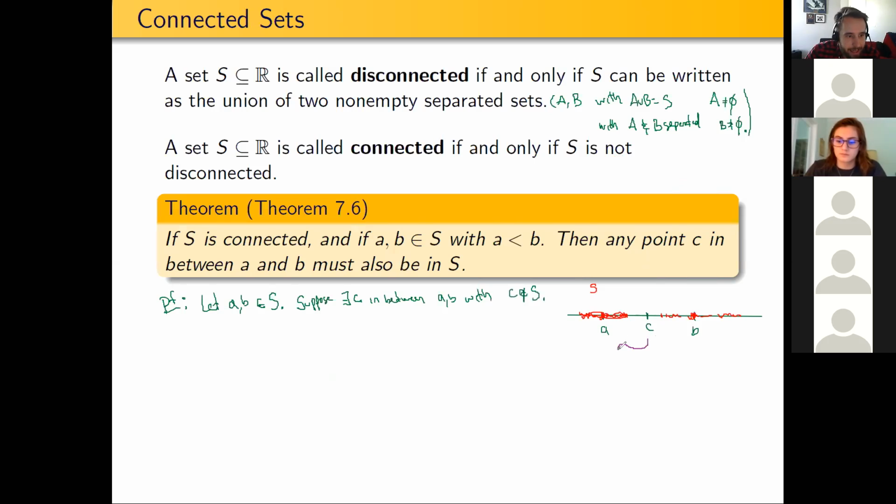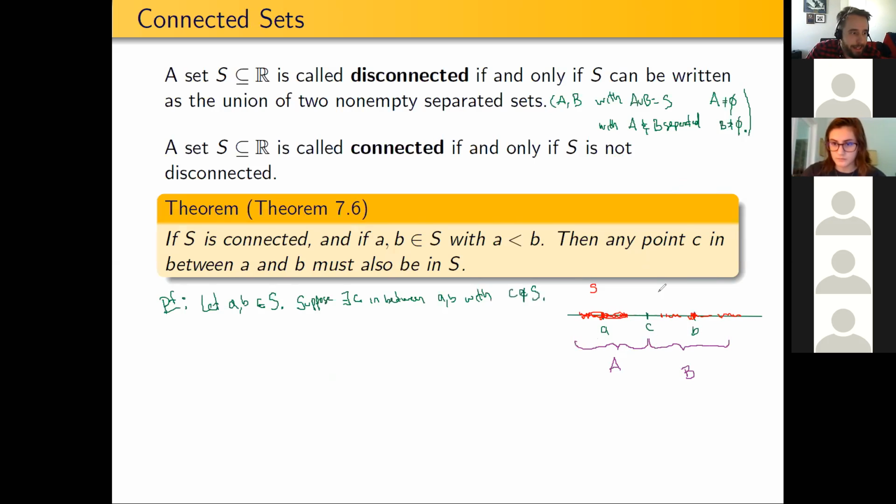I'm going to let my set capital A be every element of S that is to the left of C, that is, smaller than C. And I'm going to let set capital B be everything up here.